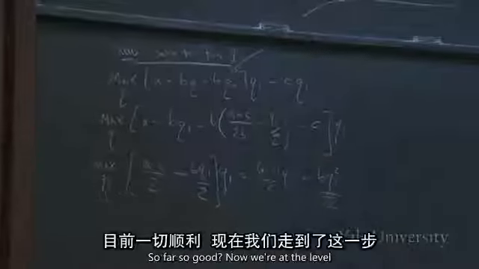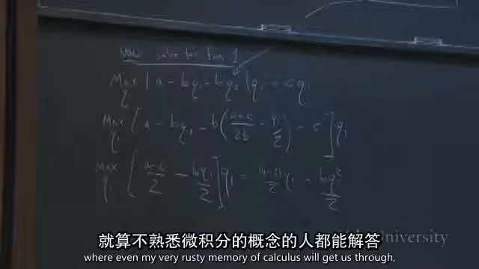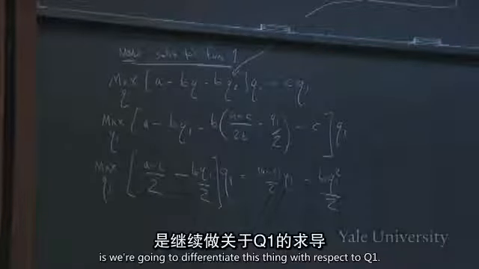So far, so good? Now we're at the level where even my very rusty memory of calculus will get us through. So what we're going to do is differentiate this thing with respect to Q1.